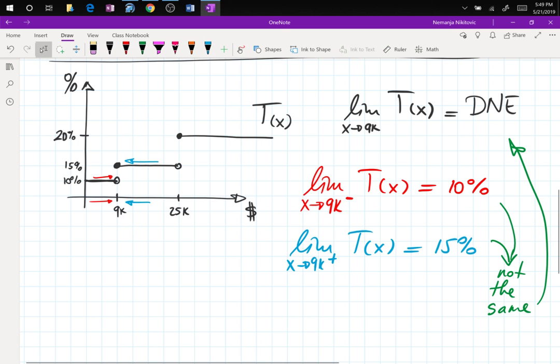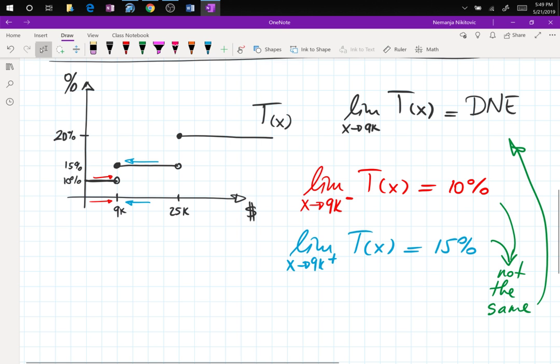You pick 10k, it's 15%. You pick 20k, it's 15%. You pick 9,001, it's still 15%. So all of the values between 9 and 25k are all 15% on y, and all of the values from 0 to 9k are 10% on the y value.